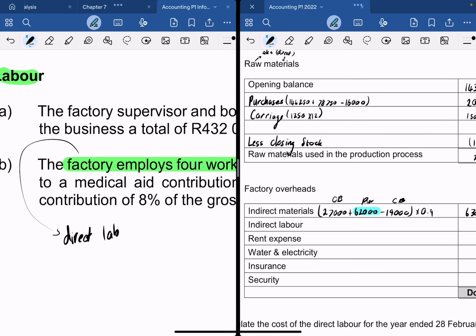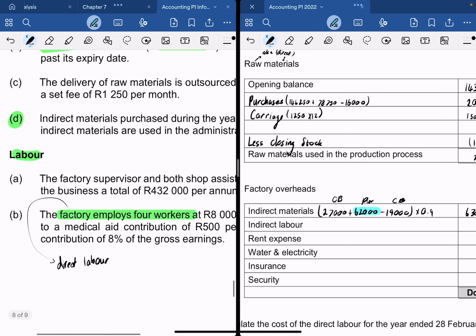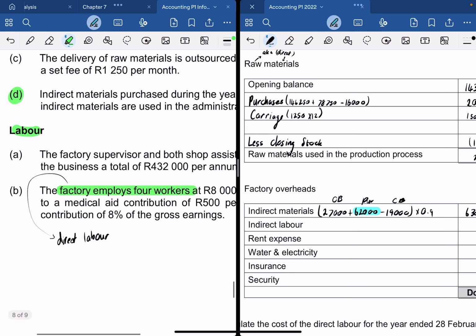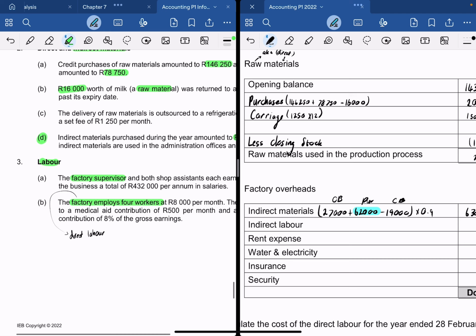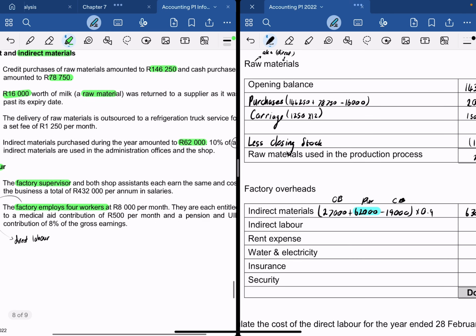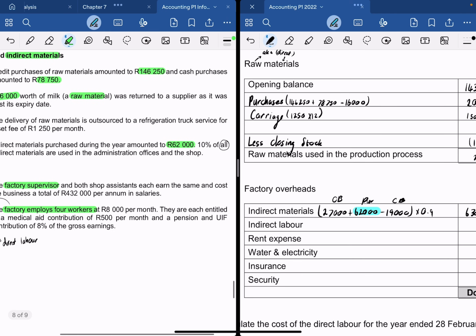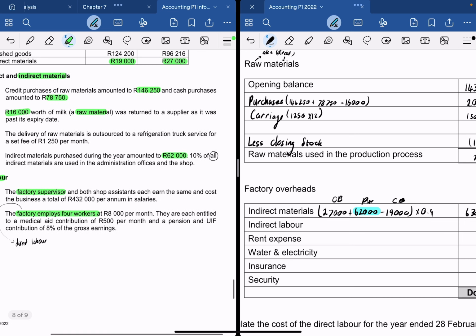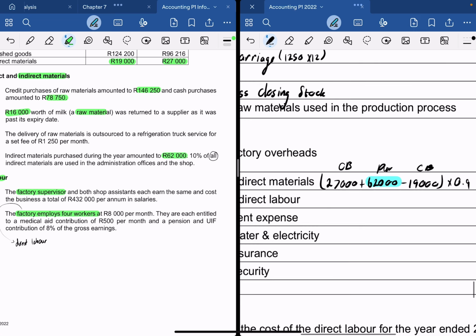A factory supervisor is an example of indirect labor, okay? So it says the factory supervisor and both shop assistants earn the same and cost the business a total of 432,000.